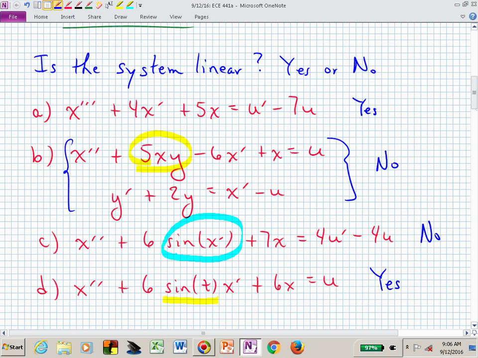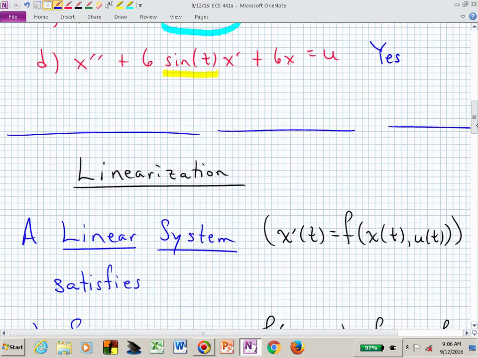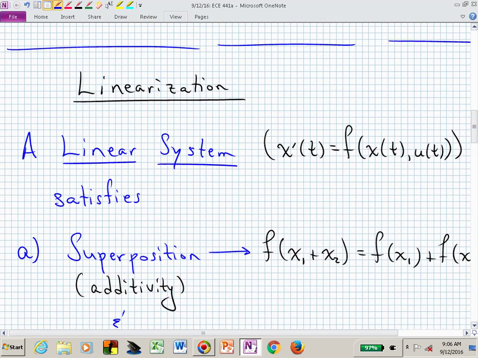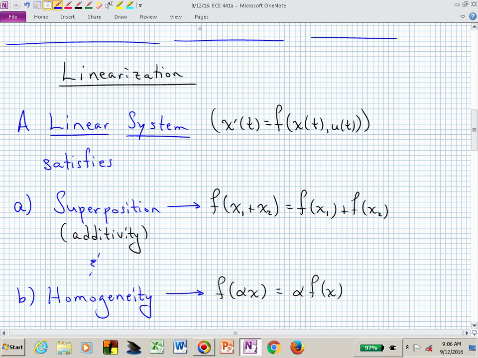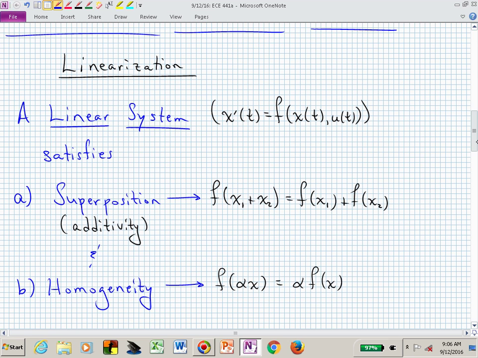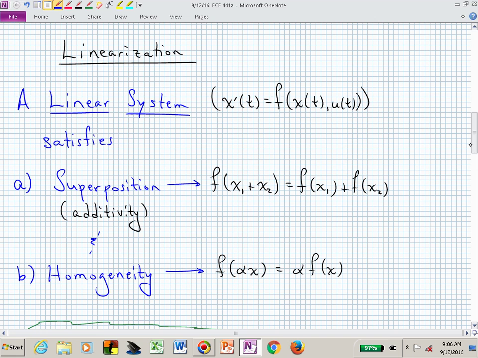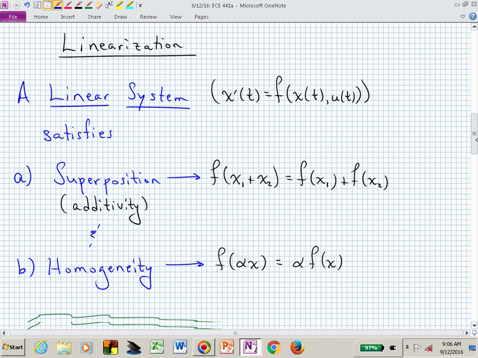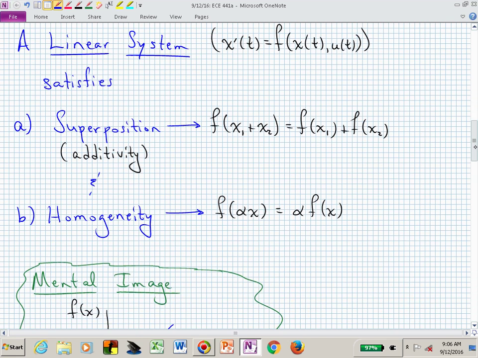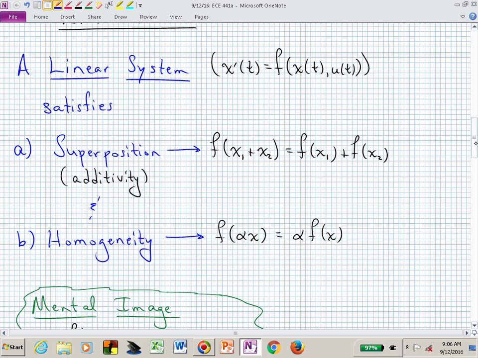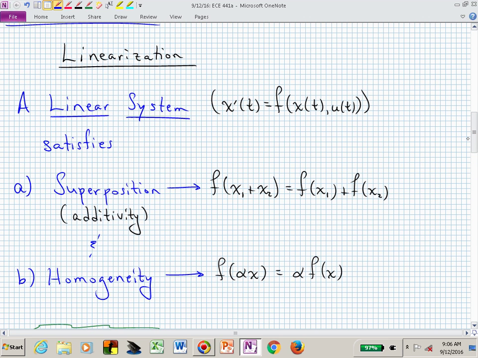Now, what we want to do is learn a little bit more about linearization, or the linearization process. And I'm going to simply scroll through a few lines just to give you a feel for this, and then we'll slow down and start working through this process.